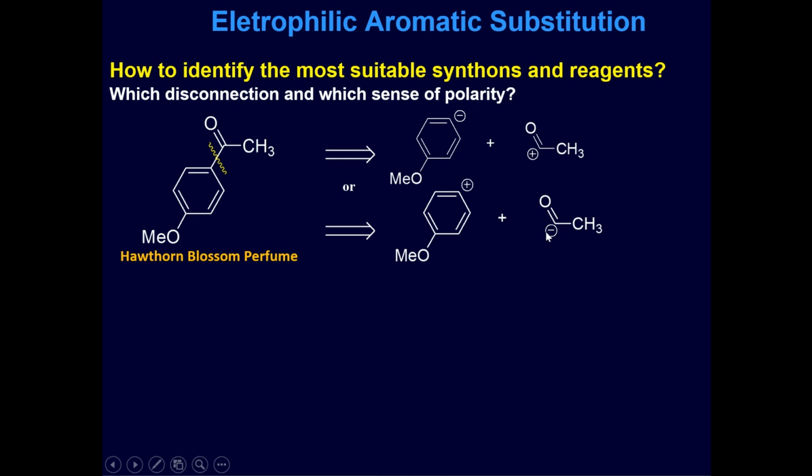That's why we should have the knowledge or the sense of polarity, sense of electronegativity. That's why we can give minus charge to the benzene ring system and assign positive charge to the carbonyl carbon.